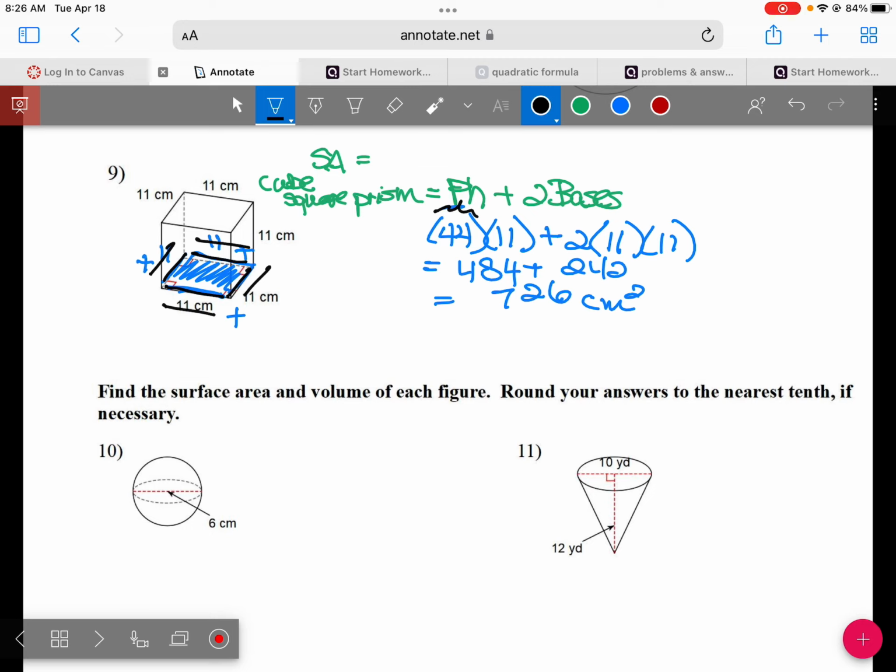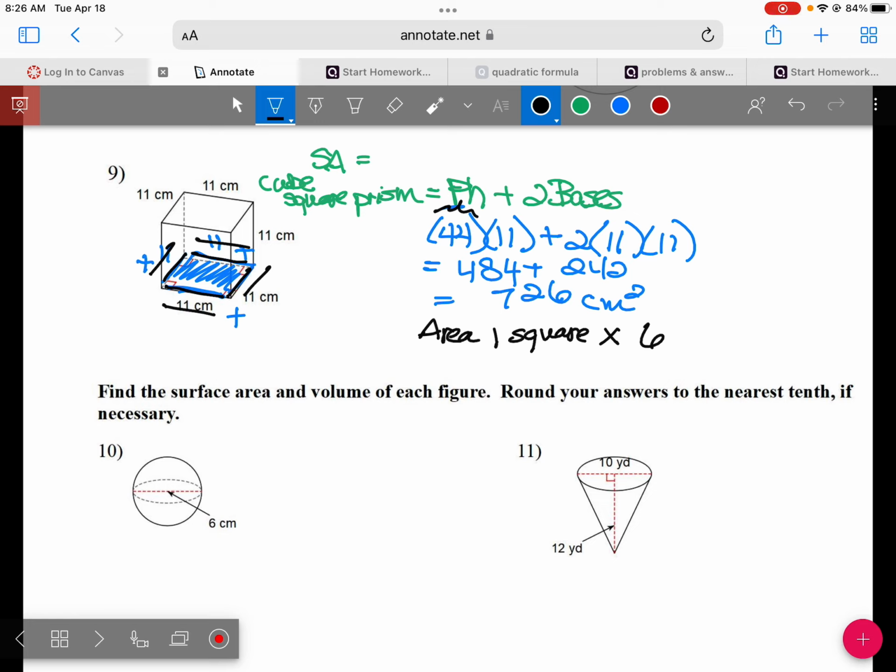Now, let's think of it this way. A cube has all sides, all faces, all bases that are the same, right? So if I take the area of one square and I multiply it by the number of sides I have, how many sides are there in a cube? How many are there around the sides? 4, and then there's a top and a bottom, right? So if I take the area of that one cube and multiply it times 6, I should get the same answer.